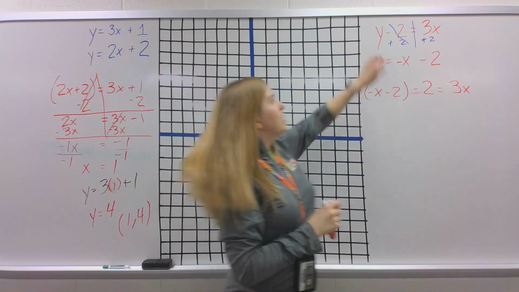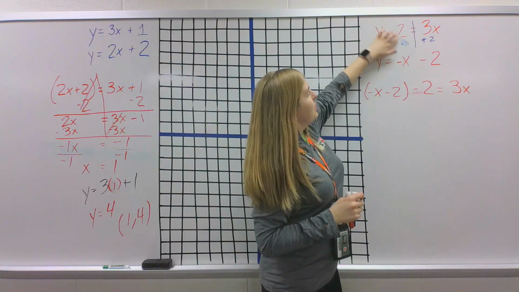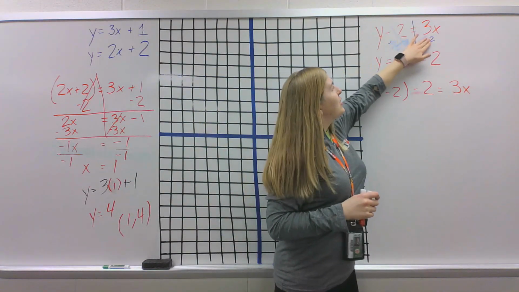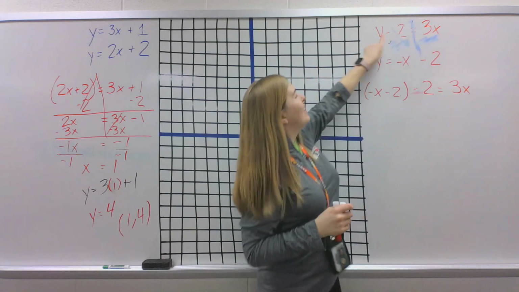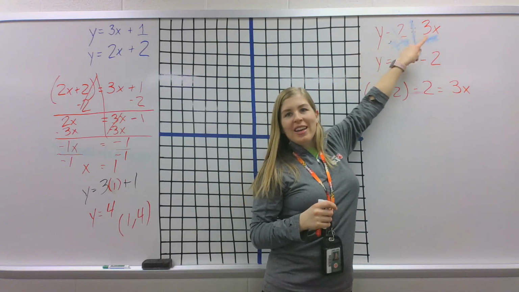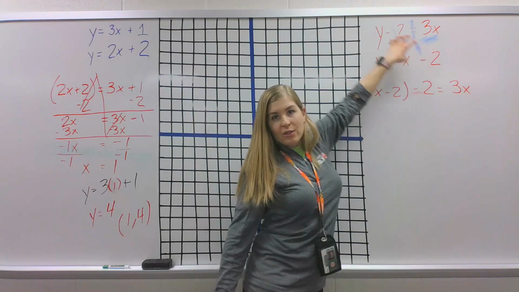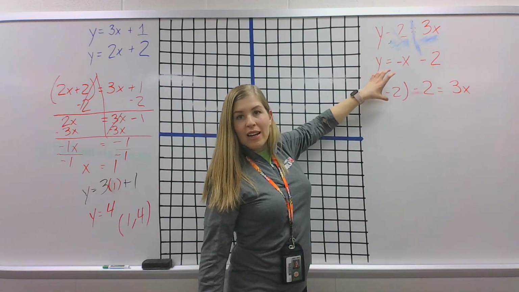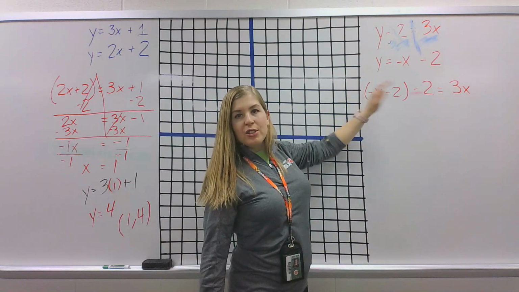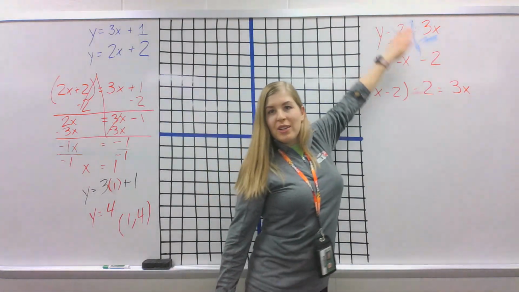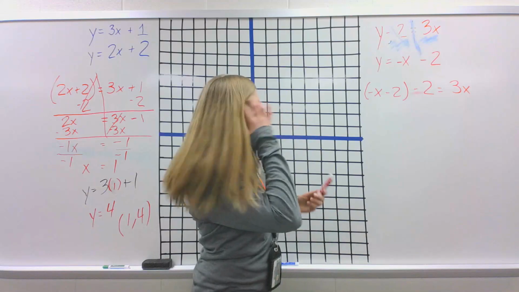So I know it's hard to see because we use this number in our original equation, but this was y minus 2 equals 3x. So I just plugged what y equals in for y, and I have negative x minus 2 equals 3x. All right.